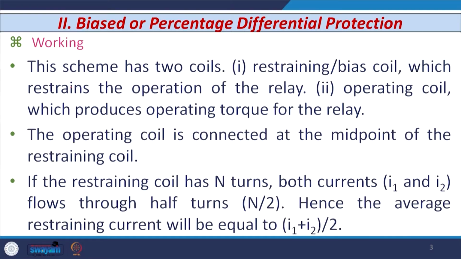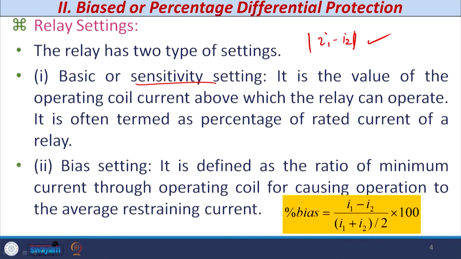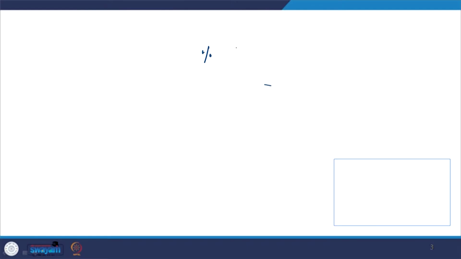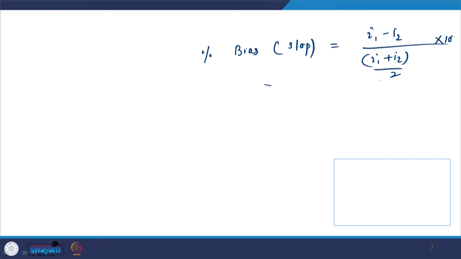The second setting is known as the bias setting, sometimes also called the percentage bias or the slope setting. The slope setting is given by the ratio of I1 minus I2 divided by I1 plus I2 by 2, into 100, so you get it in percentage.